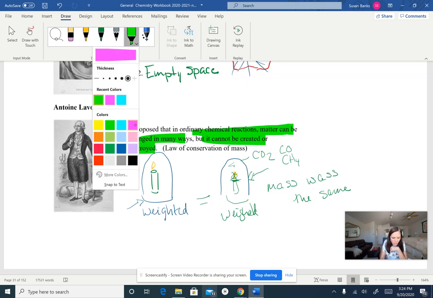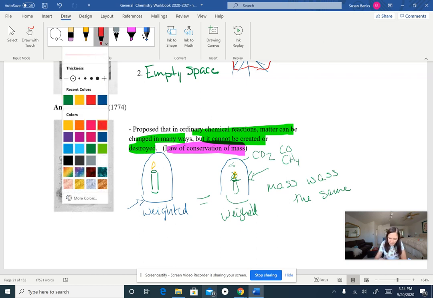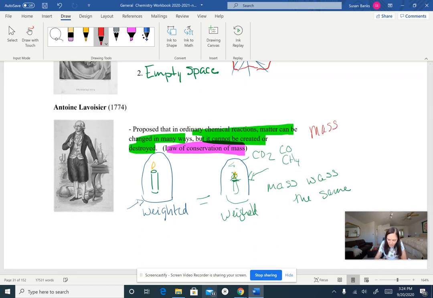So this is known as the law of conservation of mass, meaning that the mass of our starting materials is always going to be equal to the mass of our ending materials.